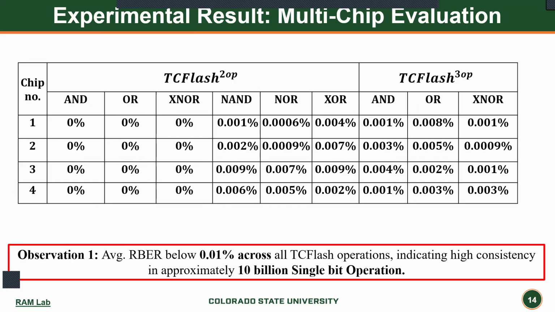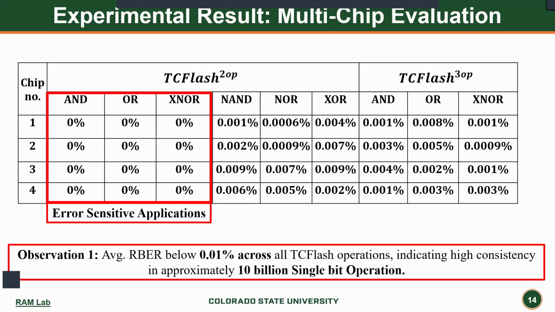If we look at the experimental results in the multi-chip evaluation, we see that for 2-operand AND or XNOR operations, we are getting zero raw bit errors, which is very suitable for error-sensitive applications.